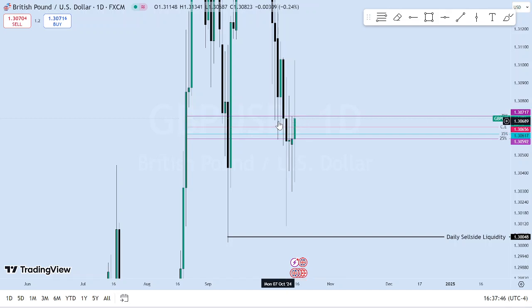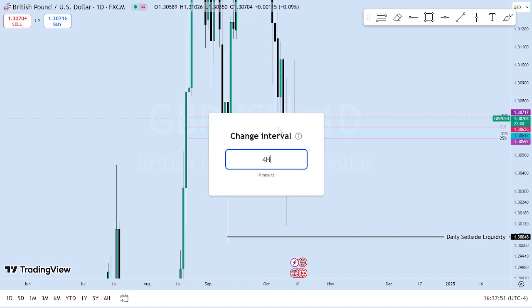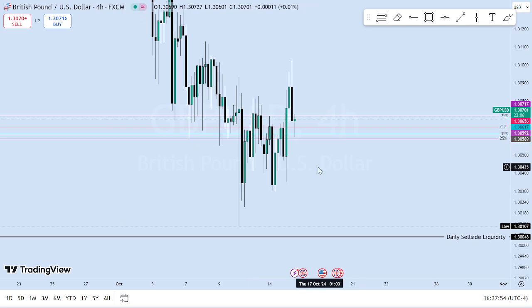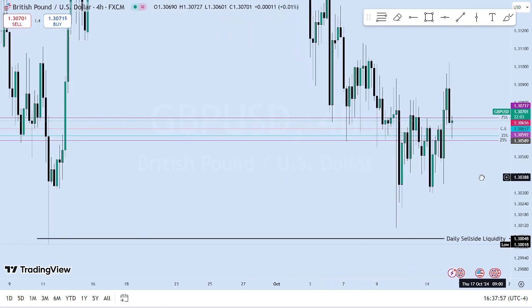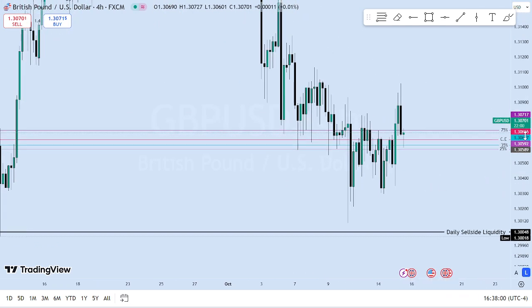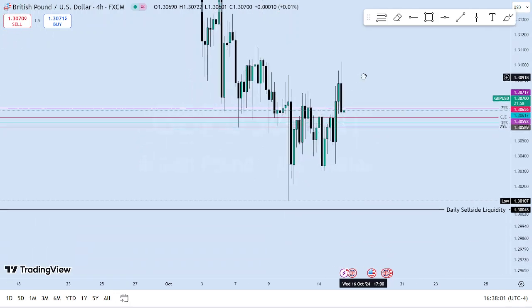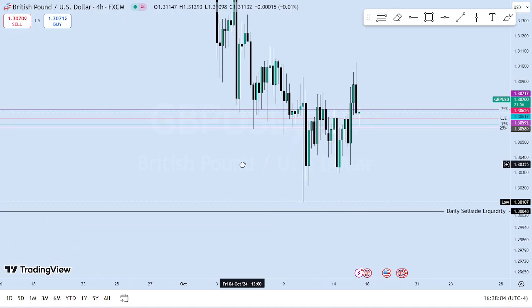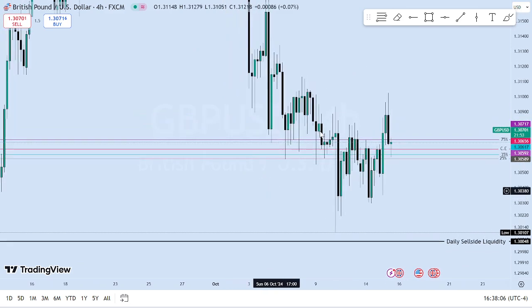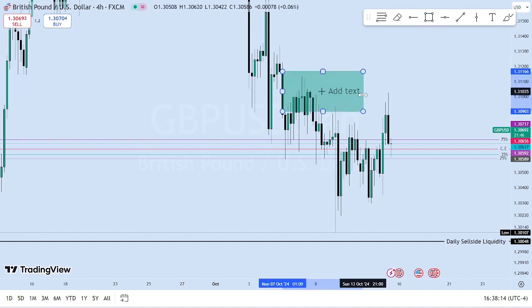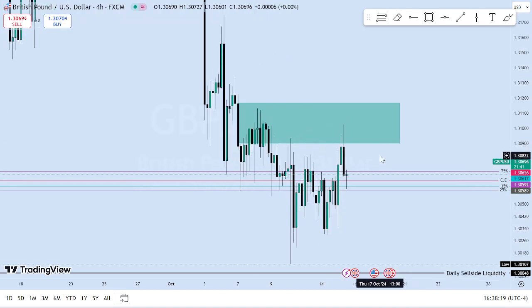So we go lower to the 4 hour. In the 4 hour, we have an inefficiency here, standing as a major resistance, premium level. See how we have been trading inside it.